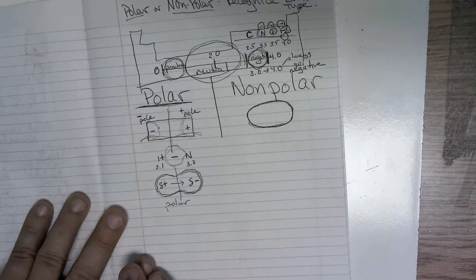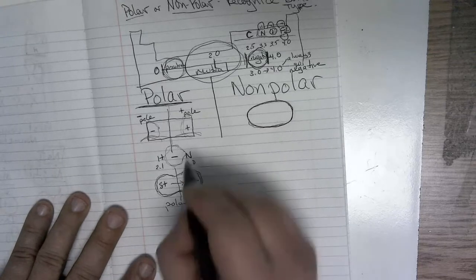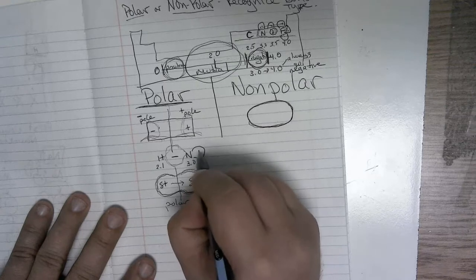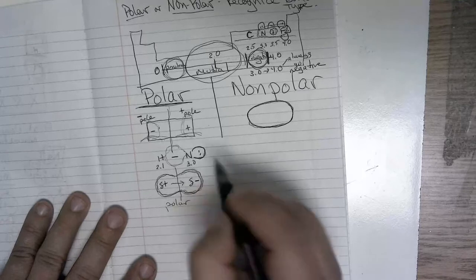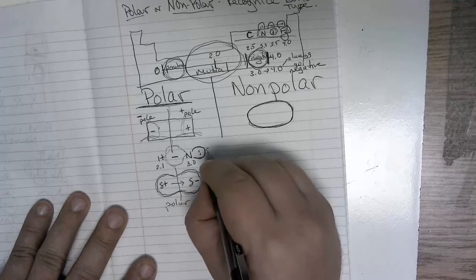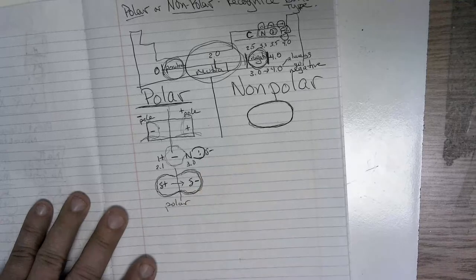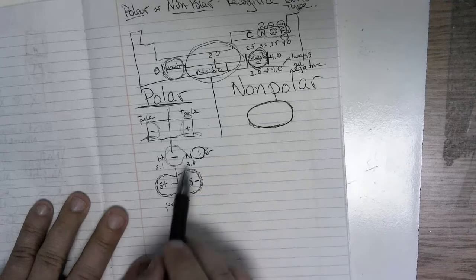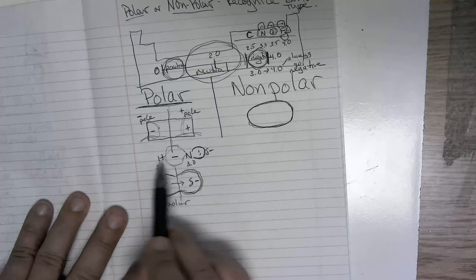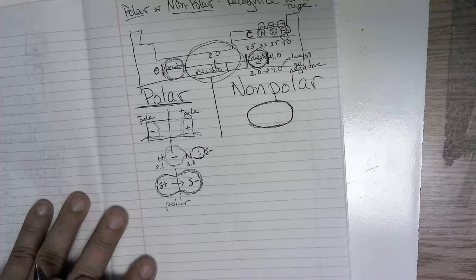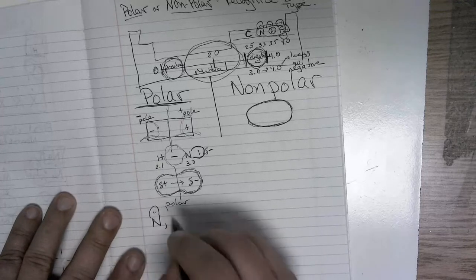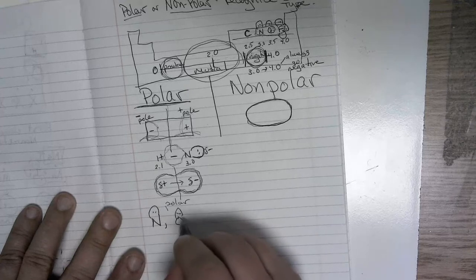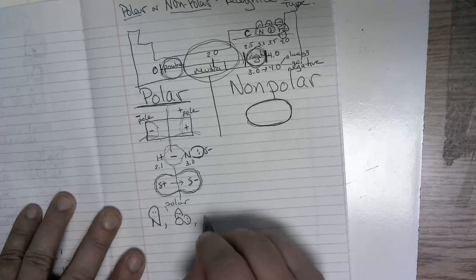All right. You'll also notice nitrogen will always have a pair of electrons that aren't bonded to anything. And that lone pair of electrons will always have a slightly negative charge as well. So we get a structure when these two atoms are bonded together that is polar. And it happens with nitrogen with its one lone pair, oxygen with its two lone pairs, and fluorine with its three lone pairs.